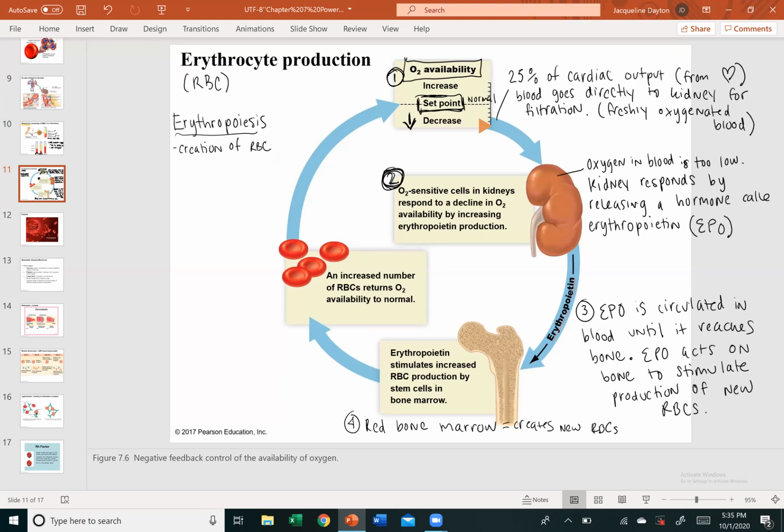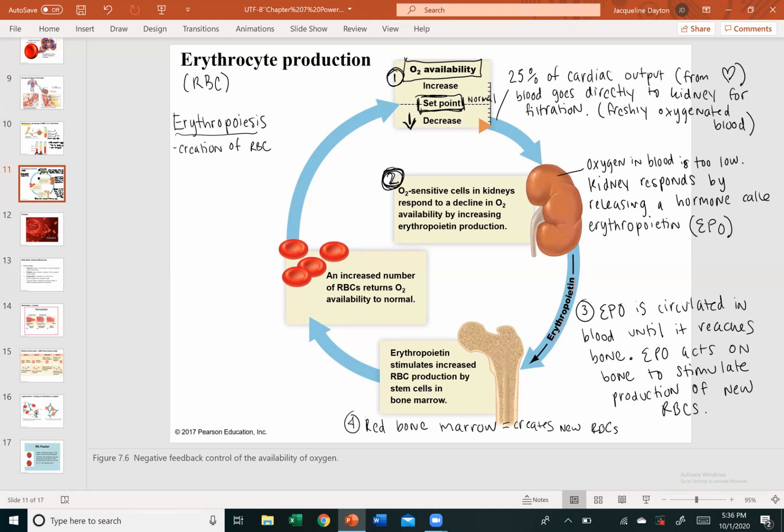Okay. The red bone marrow will create new red blood cells, and this is only if stimulated by that erythropoietin, or EPO. Okay, so once the EPO acts on the red bone marrow, it is stimulated to create lots of new and relatively immature red blood cells. As the red blood cells leave the bone marrow, they'll start to mature, all right?